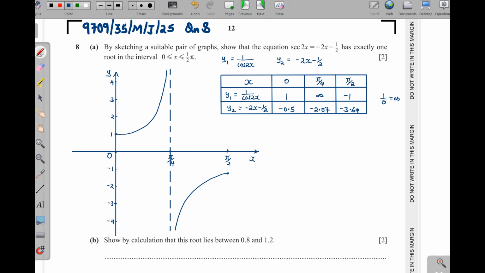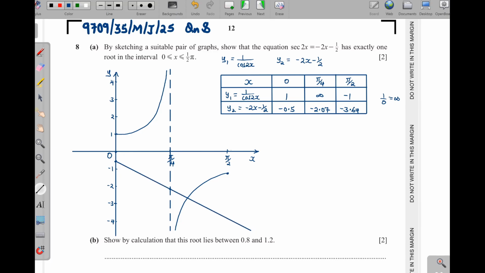Okay? And then let's go to this other one here, 0, negative 0.5, which has to be around here. Then negative 2.07, maybe just below this one here. Then I get my ruler, and then I draw a line through those 2 points.